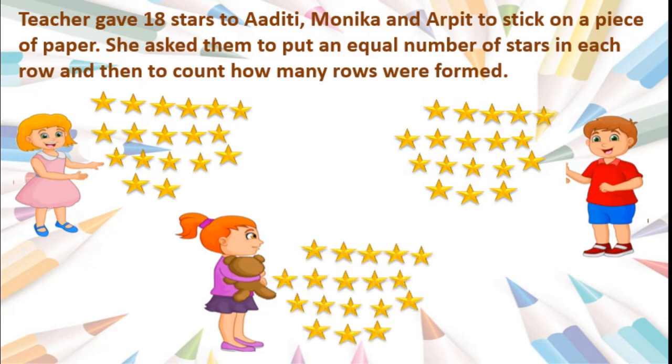And what she said? She said them to stick these stars on the paper. And what is the condition? She asked them to put an equal number of stars in each row and then to count how many rows were formed. Okay, this is the condition. We will see the works of these 3 students. Okay, shall we move?